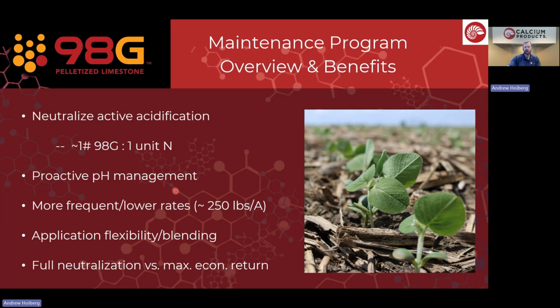It really looks and feels more like a fertilizer application than a liming application. It allows for more flexibility, potential for blending, all those things that lower rate applications are beneficial for. And of course, you don't have to get into the huge rate liming applications that can be troublesome to fit in.